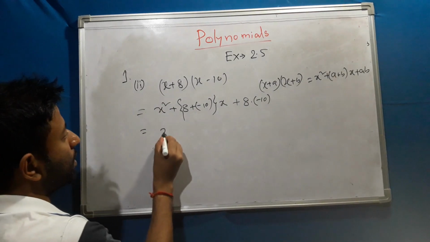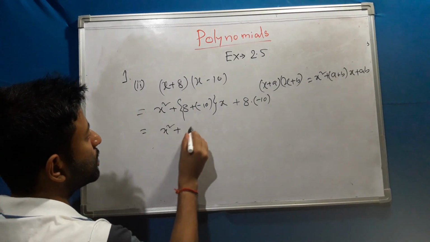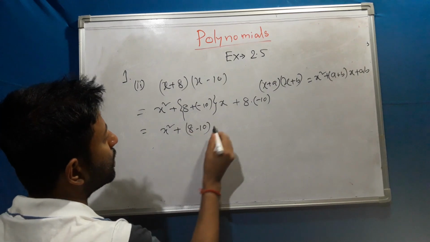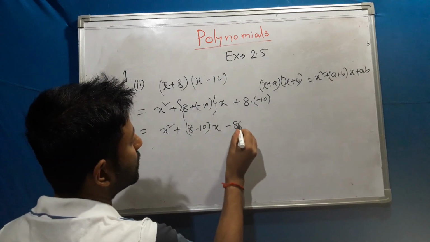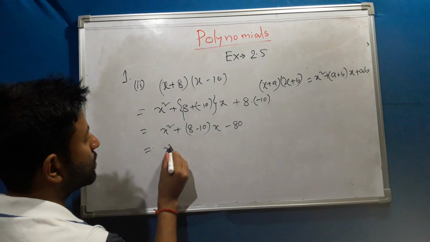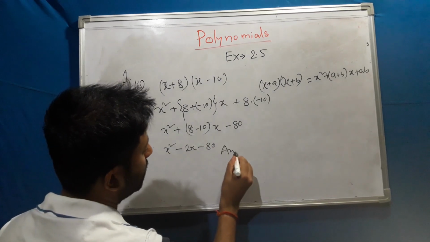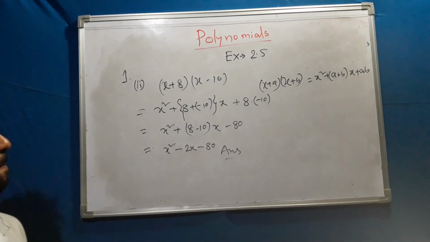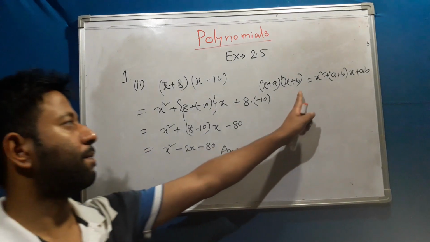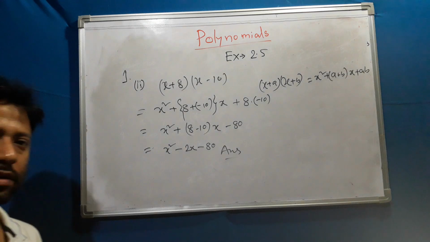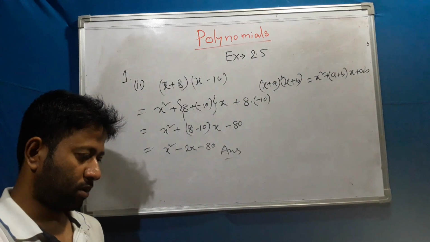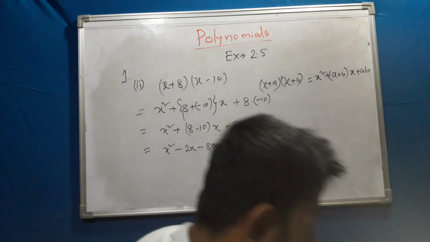So what will be the result? x square plus (8 minus 10) into x minus 80, so it comes x square minus 2x minus 80. This should be the answer. Exactly, I applied the identity here and got the result. I hope this is clear.